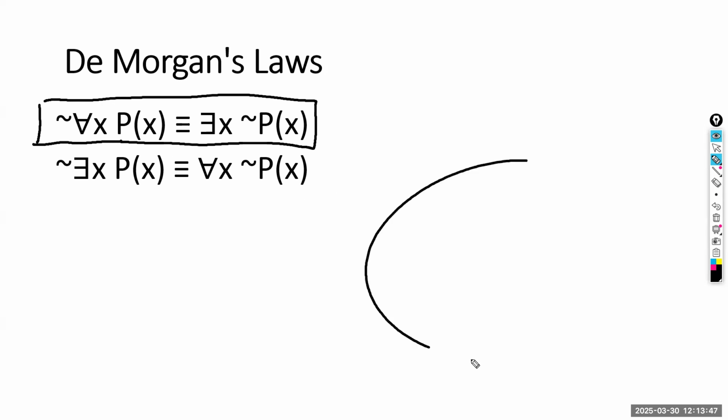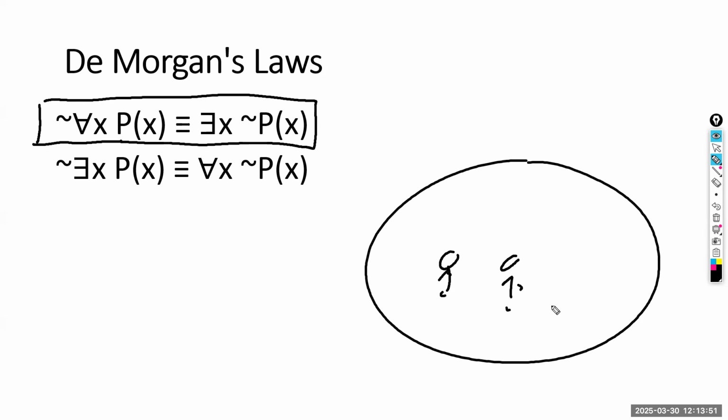Say this is our class. These are the students. Someone will come and say, if I say all x P(x), that is false. Let's assume that some students are wearing a hat.